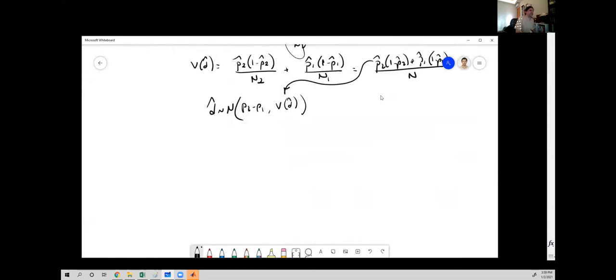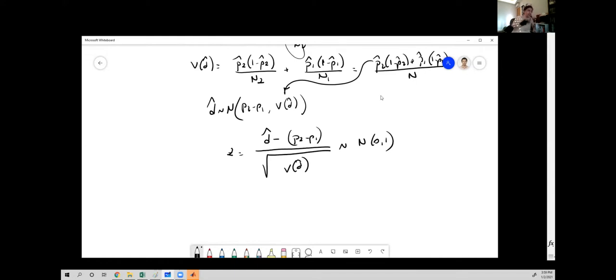So if D hat is distributed in this manner, then D hat minus (P2 minus P1), divided by the square root of the variance of D hat, I'm not going to write the whole thing again, is standard normally distributed. As you can see, this is a little different from the previous question, but I make it fit the general frame for the proportional population cases.